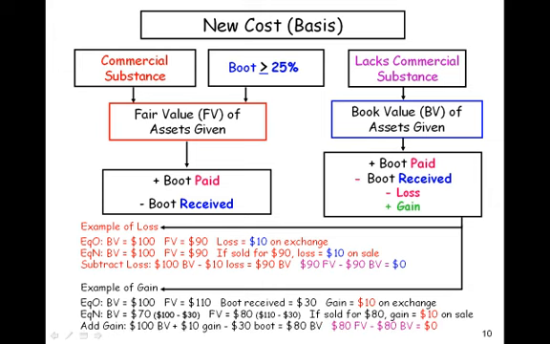The answer is, if we increase the $100 book value by $10 and reduce it for the $30 of cash received to a new book value of $80, no gain would be recognized when the asset is sold for the same $80. This is why we add any gain that has been recognized, so that we avoid recognizing it a second time when we eventually sell the asset. You might need to review these examples a few times before it clicks.